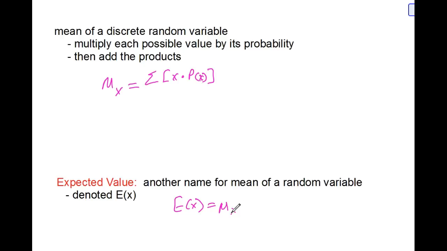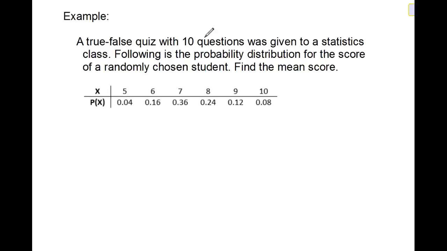So let's look at an example of finding the mean. A true-false quiz with 10 questions was given to a statistics class. Following is the probability distribution for the score of a randomly chosen student. Find the mean score. So what we're going to do to find the mean of this, we're going to take each of these and multiply the possible score times its probability.